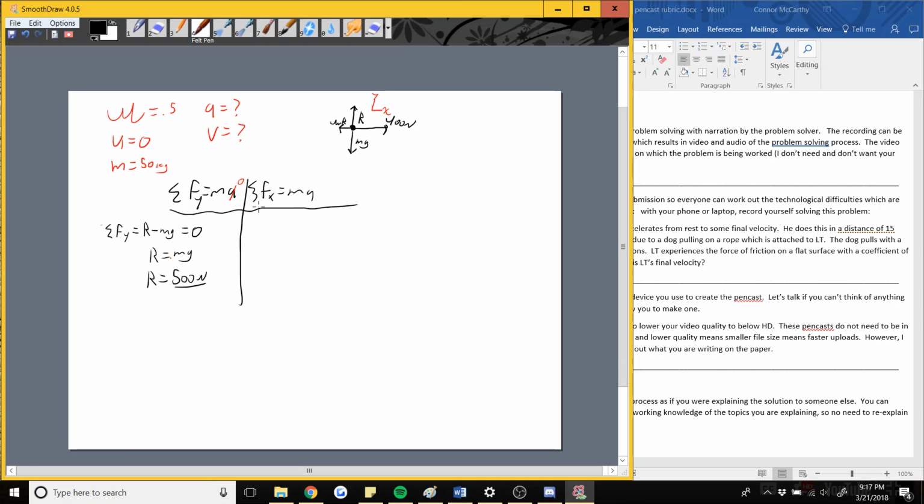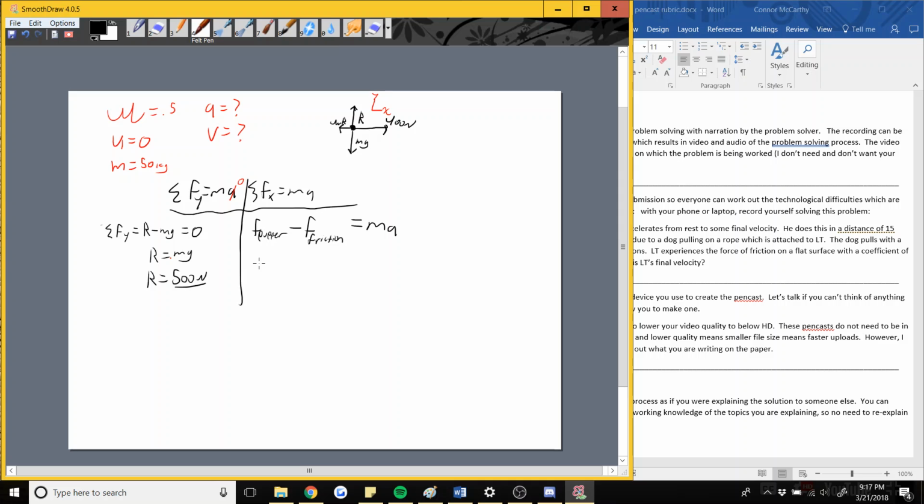So now let's go over to the x side. So we can see that the sum of the forces is the dog, so F puller, minus, because it's heading in the negative direction, F friction. I'll use F_f from here on. So that equals ma.